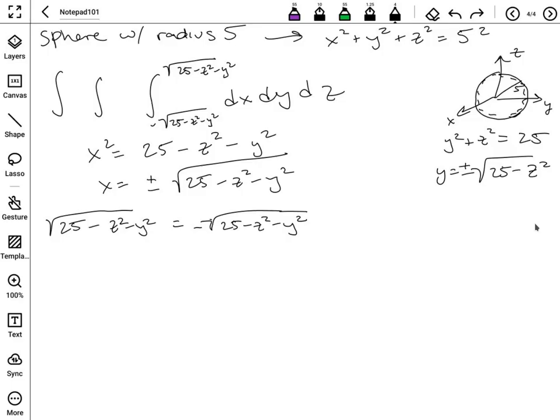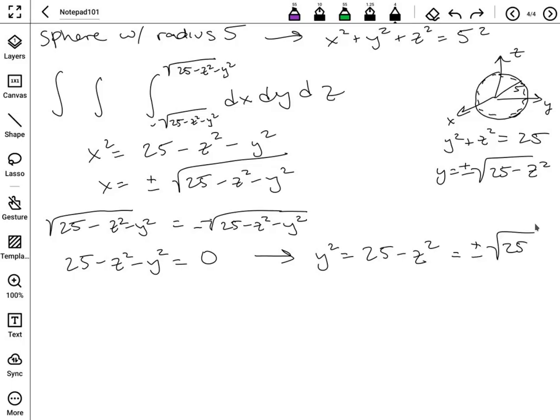At this point, I would notice that the only time a positive and negative number are the same is when that number is 0. Plus or minus 1 can't be equal, so it must be that there's just a 0 here, then positive and negative don't matter anymore. So 25 minus z squared minus y squared is equal to 0. Then that gets me y squared is 25 minus z squared, which again gets me plus or minus root 25 minus z squared.